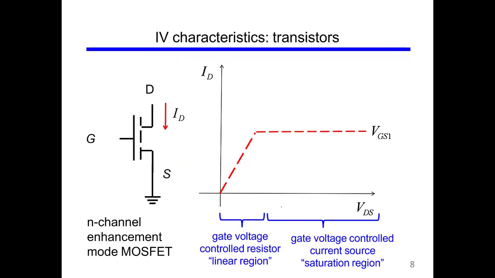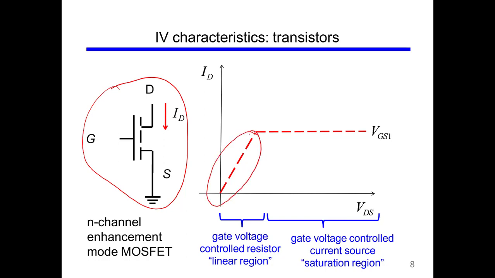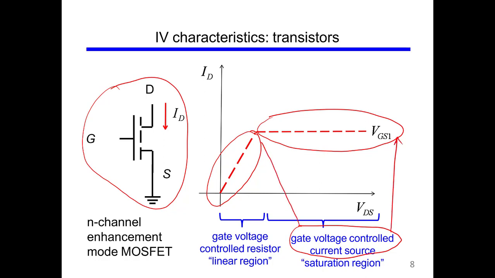Now interestingly, you can view the transistor as a combination of a resistor and a voltage controlled current source. So in this region it acts as an ideal current source, and from here to here it acts as a linear resistor.